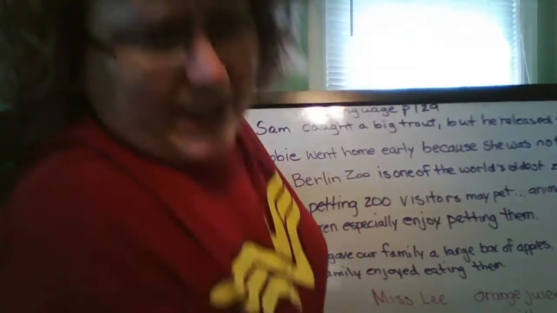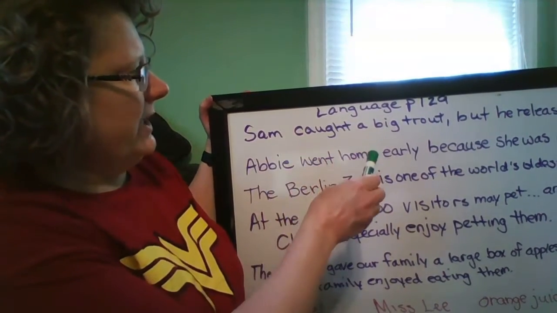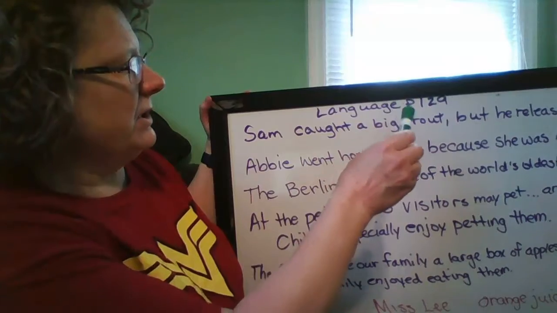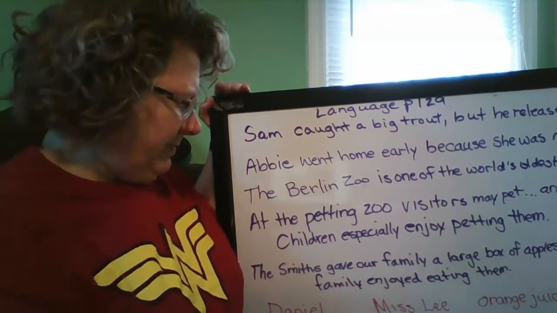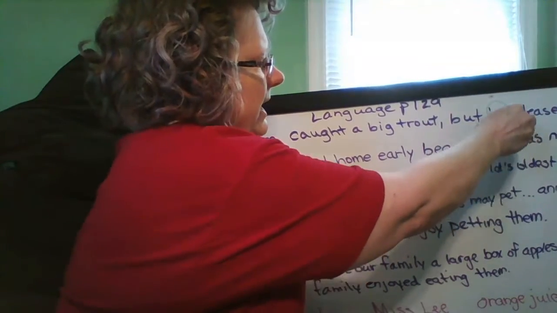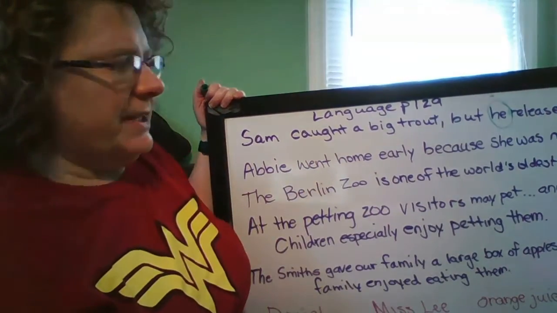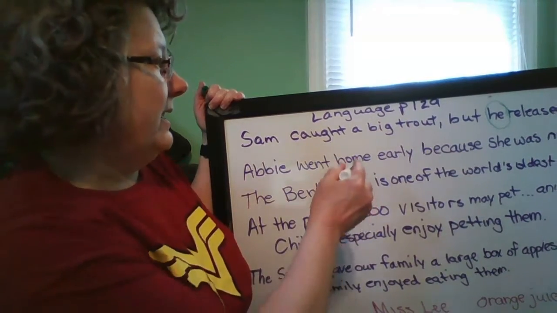We'll get there. Okay. So I have, Sam caught a big trout, but he released the fish. So the first thing you have to do is find the pronoun. Well, the pronoun is he. So we're going to circle he. Now, what they want us to tell them is, who is he? Is he the trout?